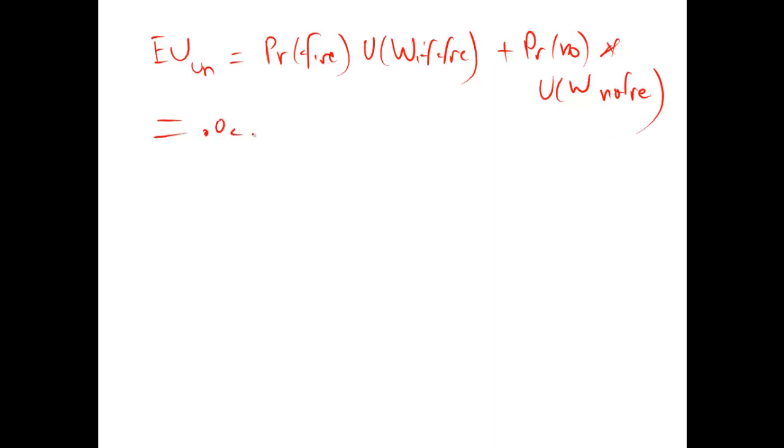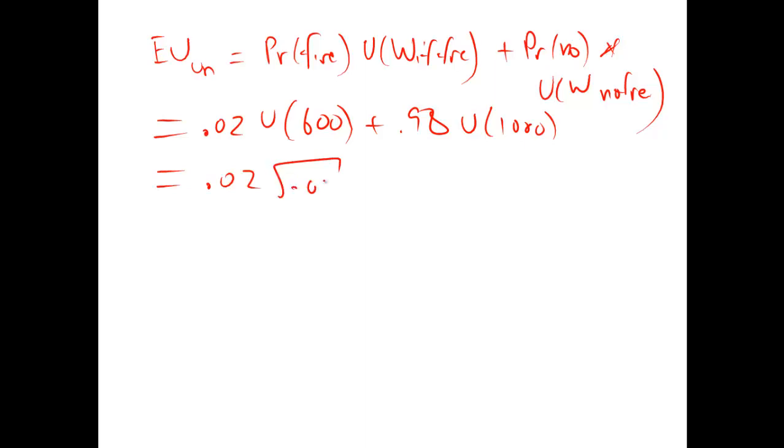That's 0.02 times the utility of 600 plus 0.98 times the utility of 1,000. Again, we have particular utility functions here, so it's 0.02 times square root of 600 plus 0.98 times square root of 1,000.